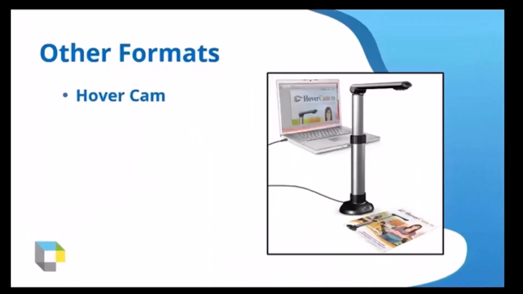So other ways tests come in for you guys. This is one I've heard from a school itself, was people getting hard copy tests that they brought in. I don't think that's happening as much as it used to before COVID and everybody went remote. But if you get a hard copy of a test, you can set up a station with a hover cam, probably put a little line, put your test right here so it's nice and aligned.